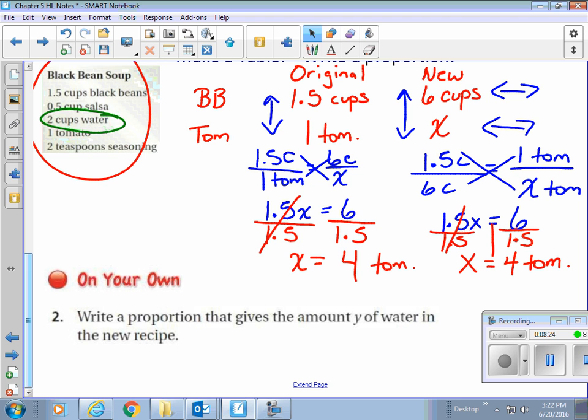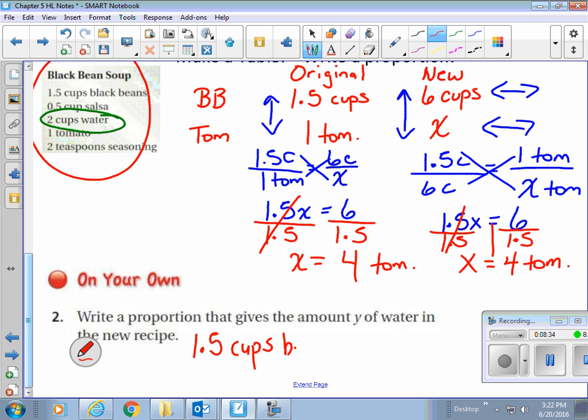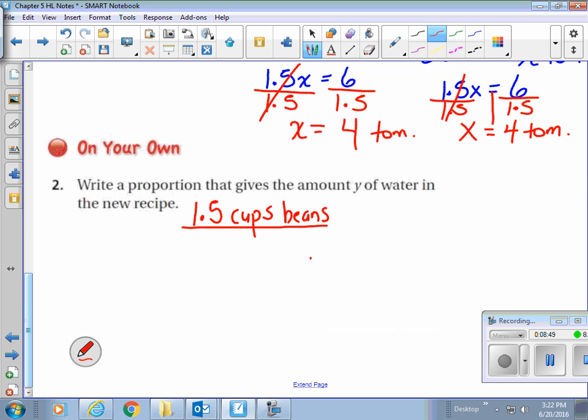So looking at this proportion that we need, if I know that there are 1 5/10 cups of beans, I'll write it out for you: cups of beans, and that is our original recipe. And our new recipe calls for 6 cups of black beans.